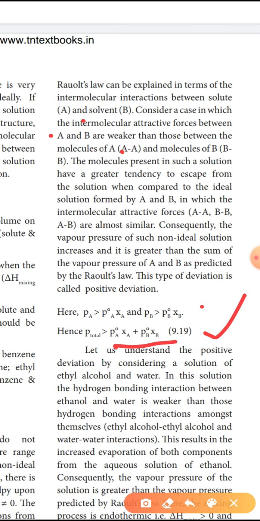This results in increased evaporation of both components from the aqueous solution of ethanol. Consequently, the vapor pressure of the solution is greater than the vapor pressure predicted by Raoult's law. Here the mixing is endothermic, delta H is greater than 0, and there is a slight increase in volume.